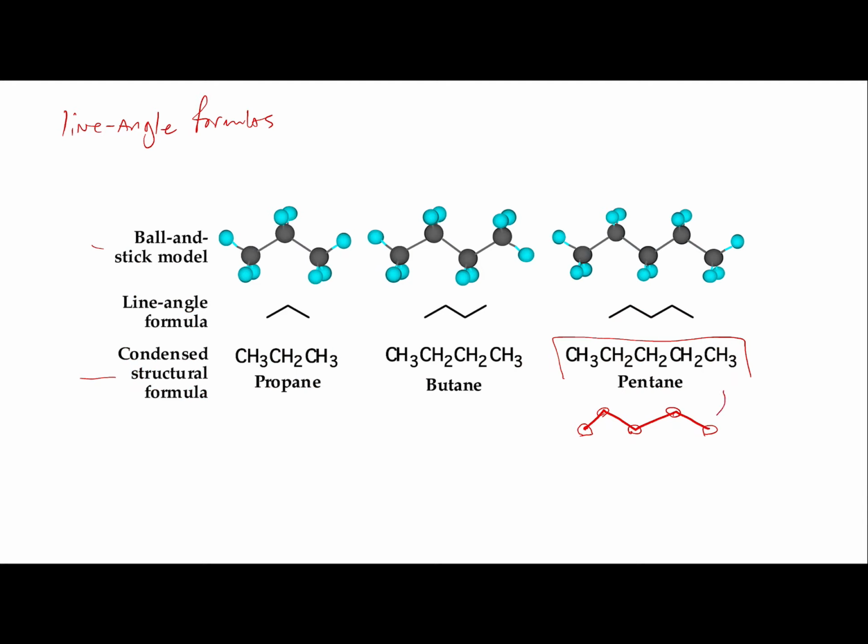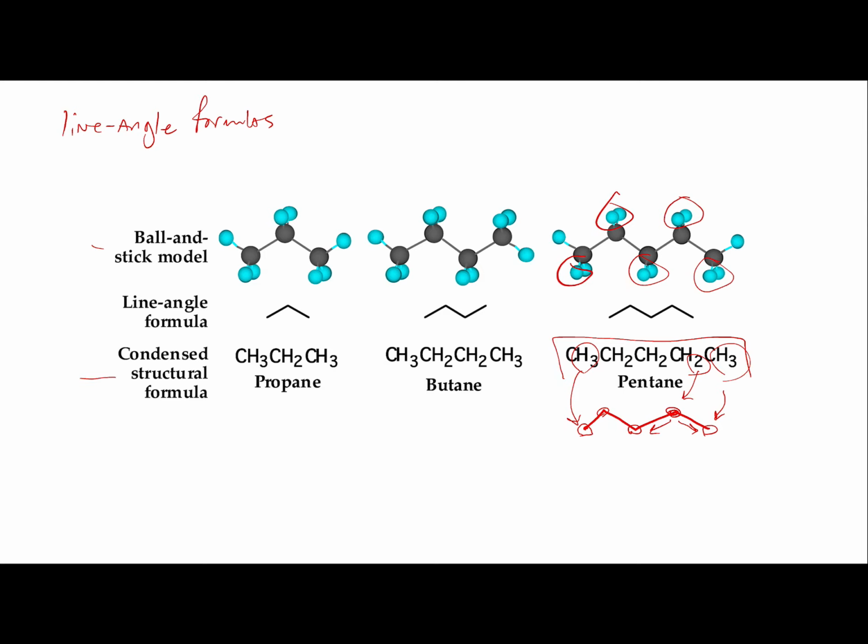That means the ends will have 3 hydrogens, and every middle carbon will have 2 hydrogens. That makes sense because each carbon is tied up with 2 of its 4 bonds just getting to other carbons, so that only leaves 2 for the hydrogens. Again, you can see that if you look at the ball and stick models.